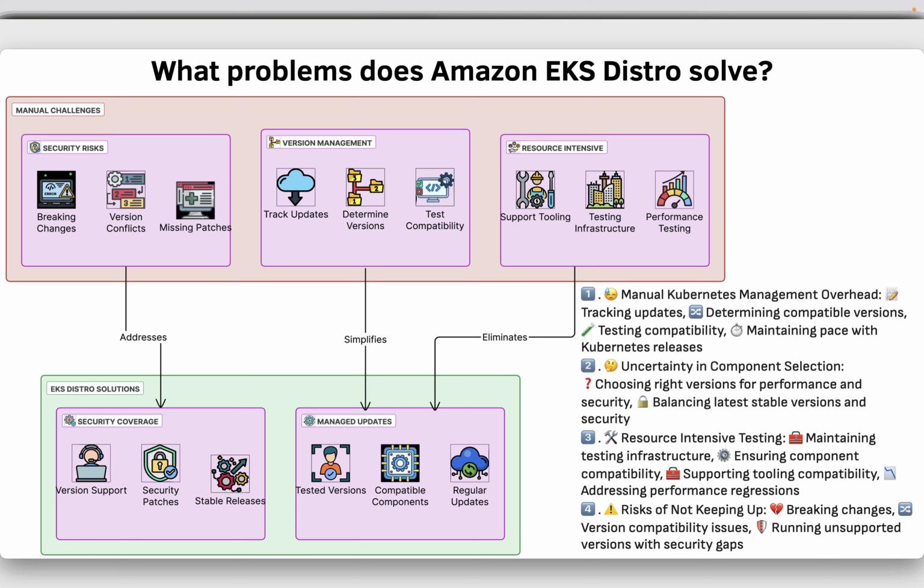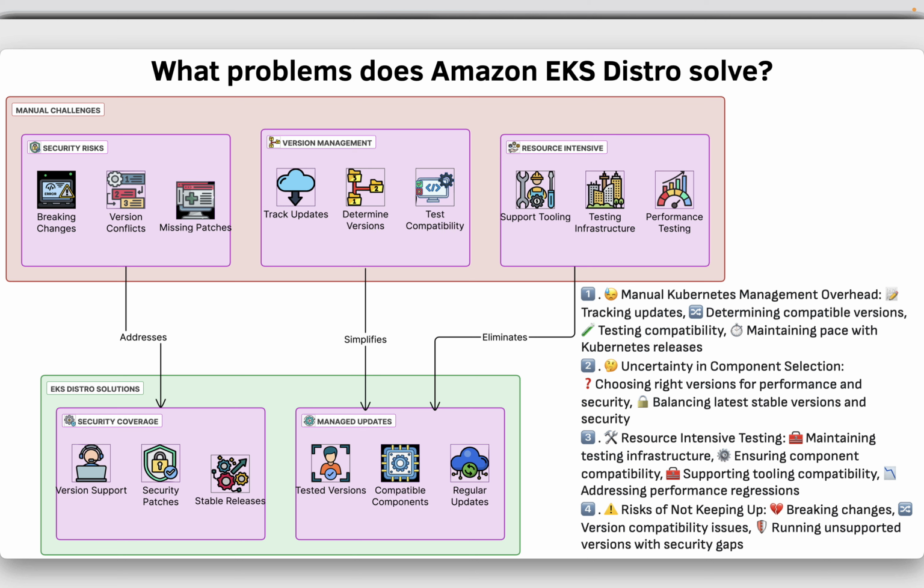However, you may be uncertain when choosing the required Kubernetes component versions and security releases for the right balance of performance, security, and latest stable versions. You need to allocate resources and time to maintain Kubernetes testing infrastructure to ensure component version compatibility, support tooling compatibility, and performance regressions for each version release of Kubernetes and its dependency.